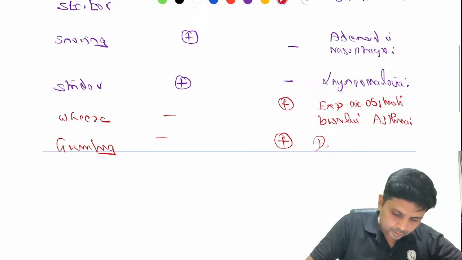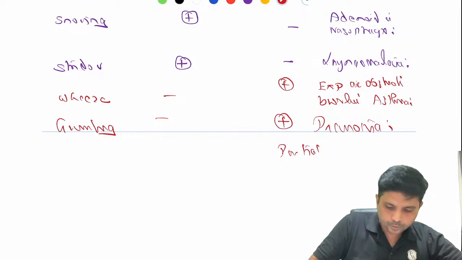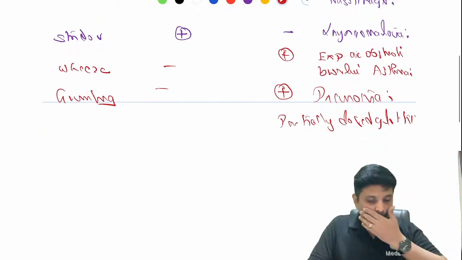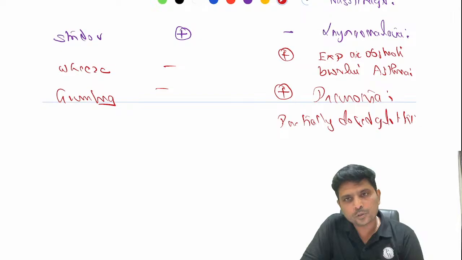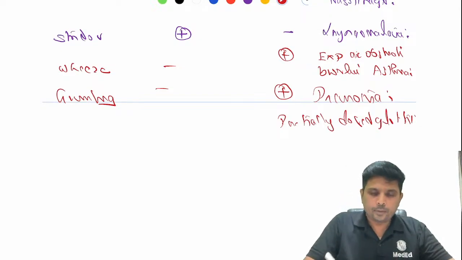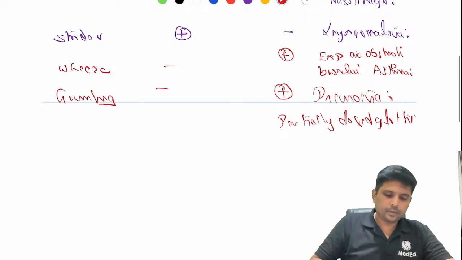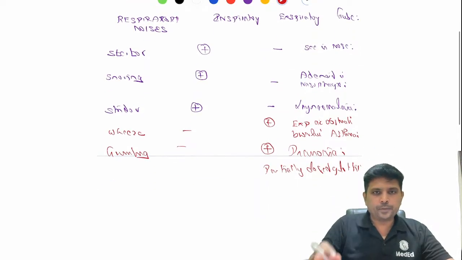Usually it occurs in pneumonia, due to partially closed glottis.